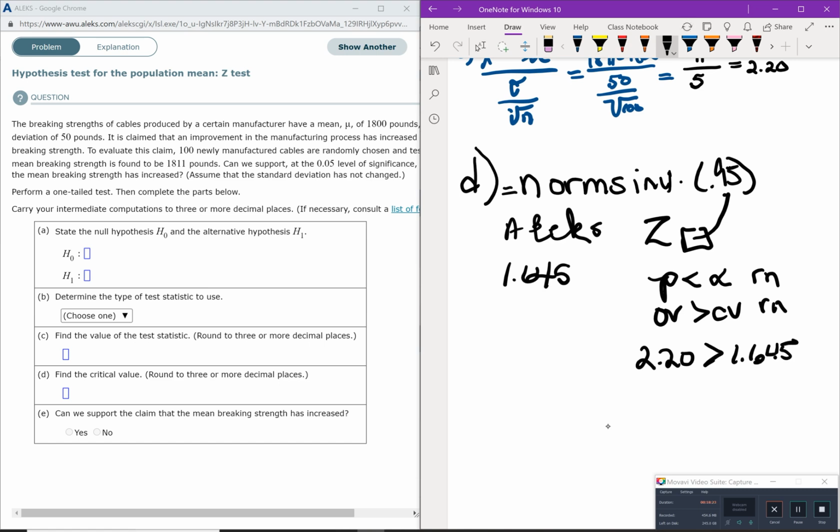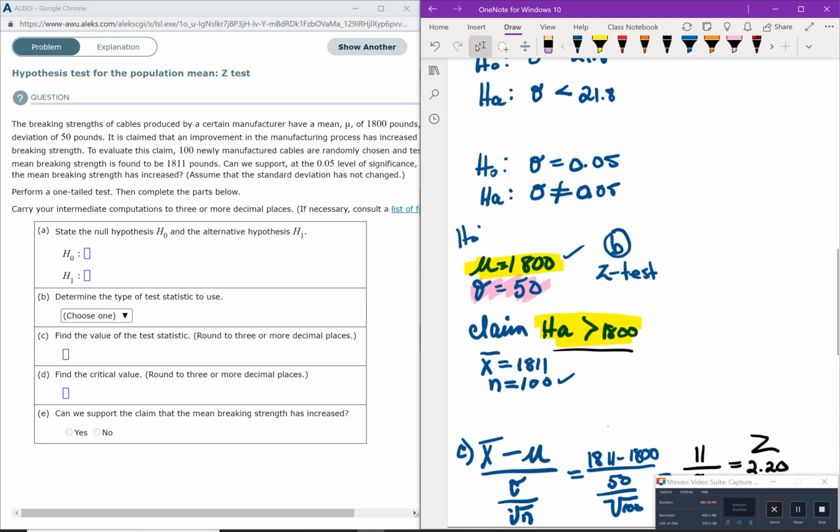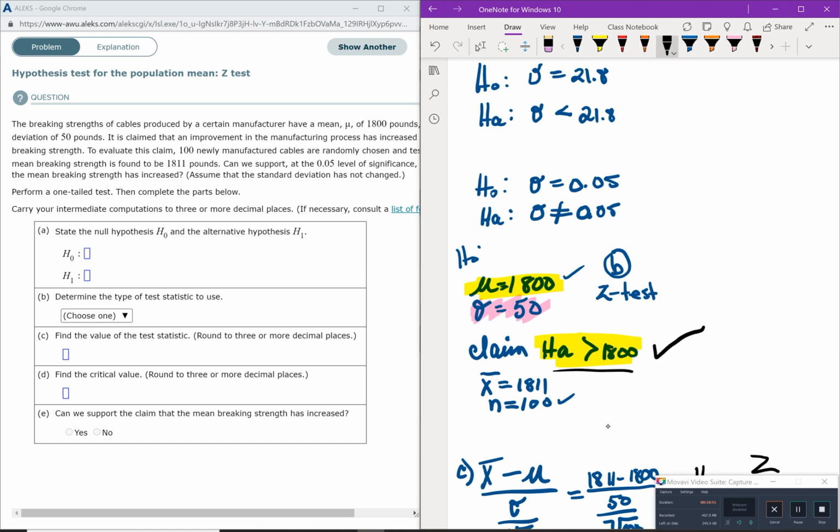If I reject the null, that means that the alternative hypothesis is much more, I guess it would say, reliable to us. So can we support the claim that the mean strength has increased? Definitely. So we would answer yes. Because remember, going back to part 1, the claim is the alternative hypothesis. And so we did reject the null. All right, so that's that part.